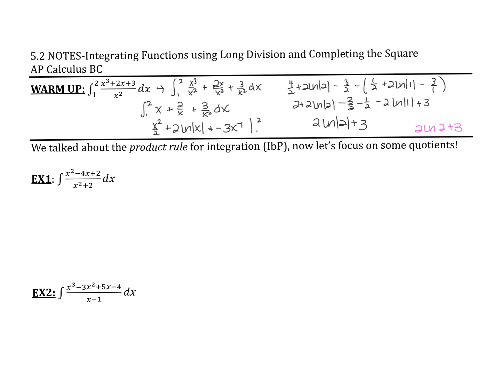Great. Okay, so that's a quotient. But what happens if my quotient doesn't simplify the same way? So we've looked at the product rule for integration, basically integration by parts. Let's focus on some quotients and what we might do.